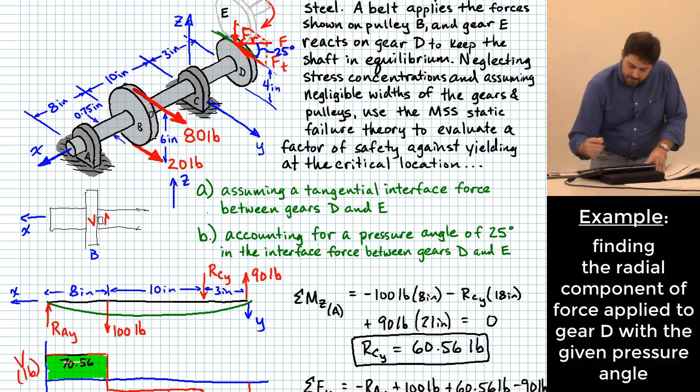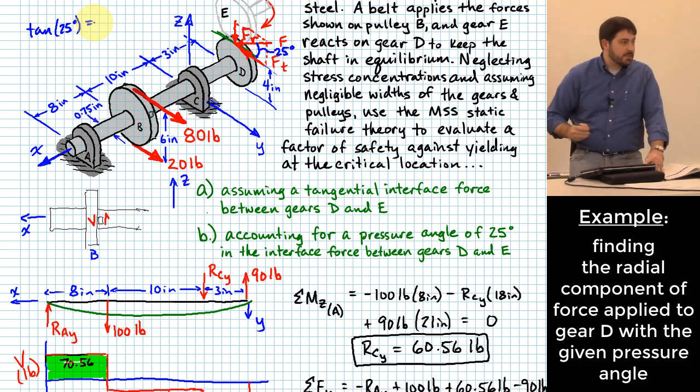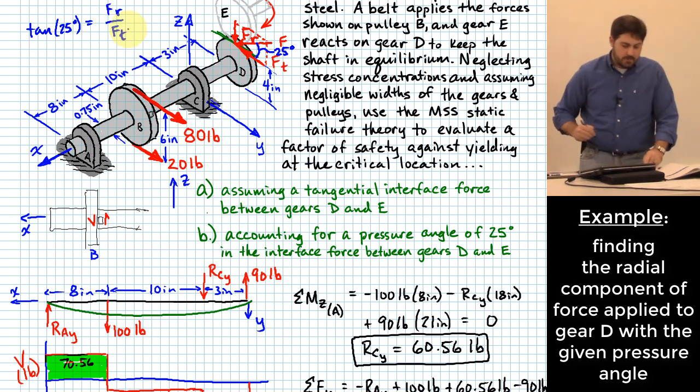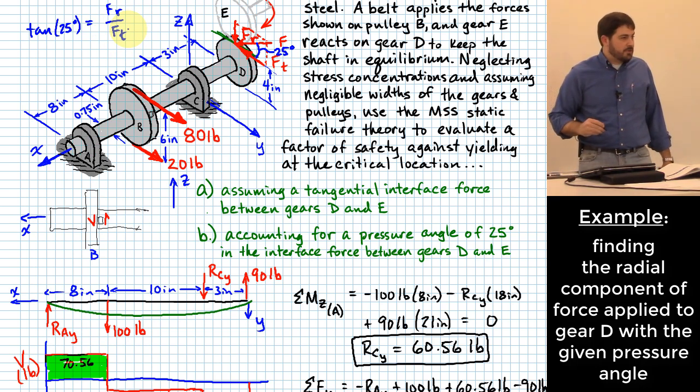Let me do it this way. Think of tangent of 25 degrees. This is going to be equal to the opposite over the adjacent, right? Which will be FR over FT. So FR is equal to FT tangent of 25 degrees.